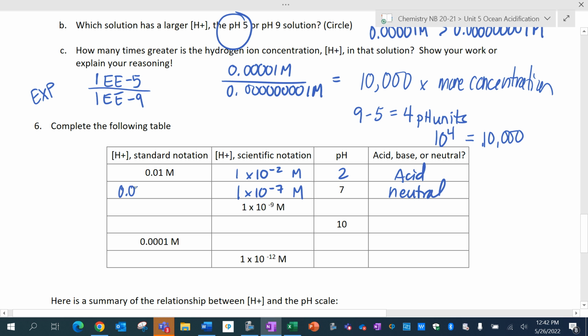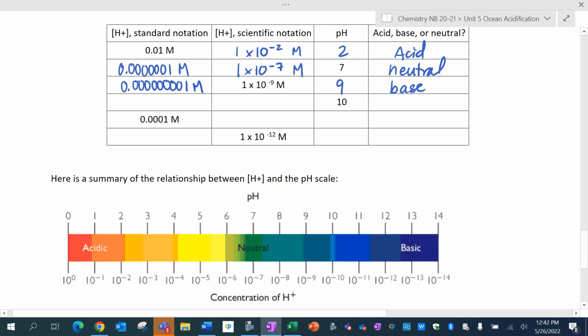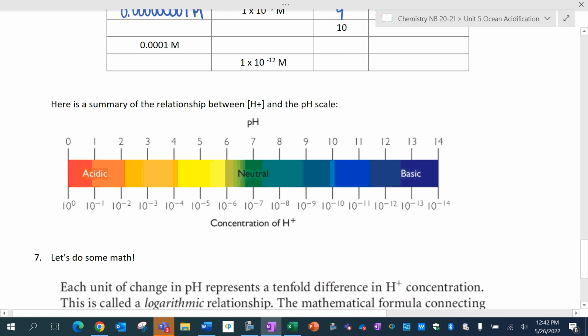Standard notation is 0.1, 2, 3, 4, 5, 6, 7. 9, this one here, it's a base, and that's 1, 2, 3, 4, 5, 6, 7, 8, 9. I have to count out loud, otherwise I lose track. Okay, so you get the idea. Try the rest here. And then here's a visual summary looking at the relationship between hydrogen ion concentration and the pH scale. This is an excerpt from a reading.